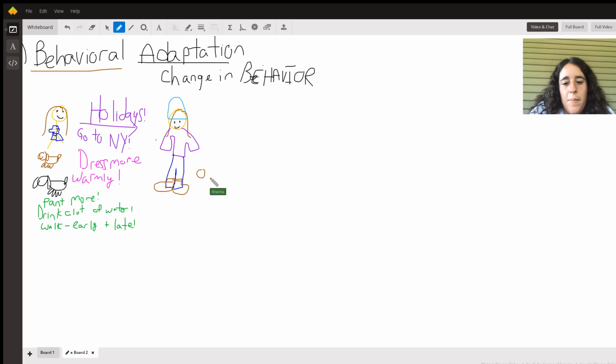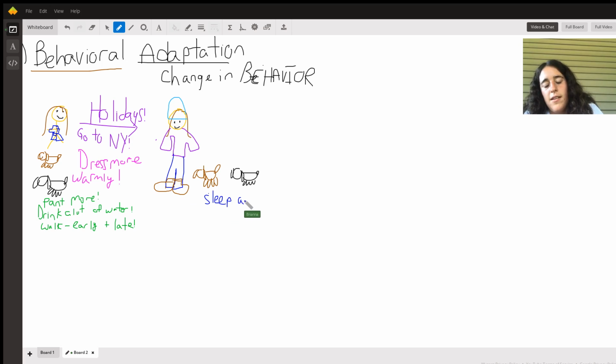If I bring my little puppies with me when I go visit my mom and dad in New York, they're going to change their behaviors to stay warm too. When we're in the house, my puppies choose where they sleep. Maybe they'll sleep at the fireplace because it's nice and warm.